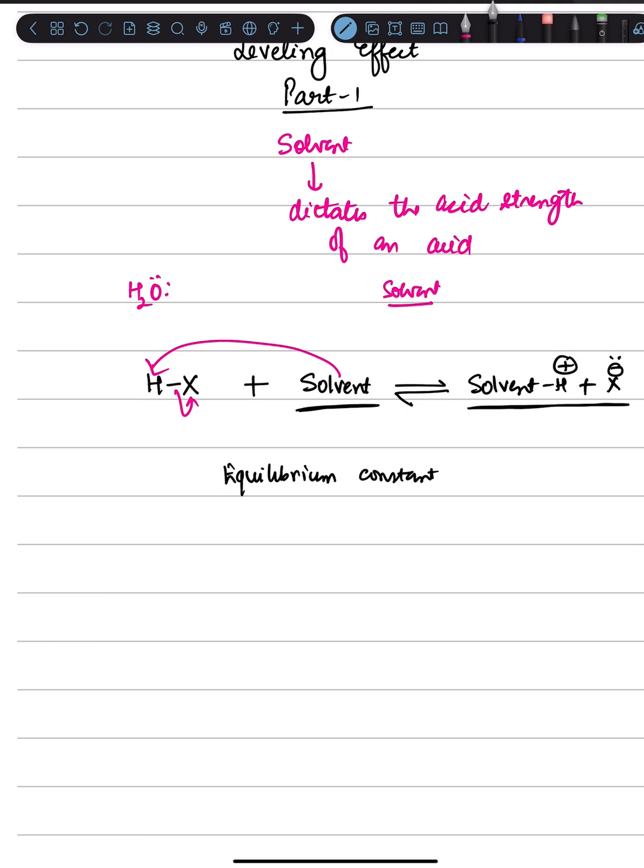Fine. So it means that the basic strength of the solvent affects the acid strength of the acid.